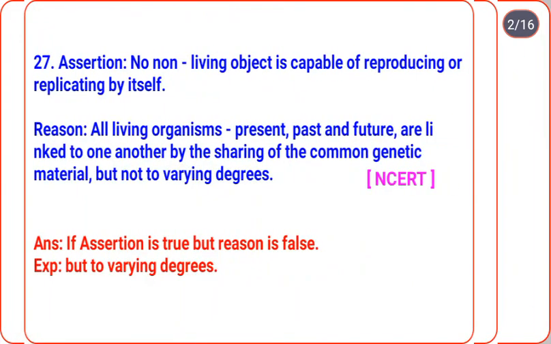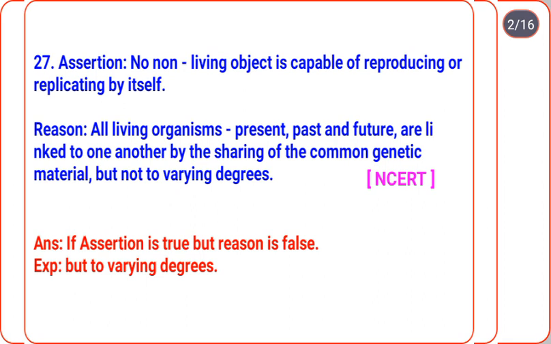Next question. Question number 27, assertion and reason-based question. Assertion: no non-living object is capable of reproducing or replicating by itself. Non-living is the opposite of living, so it is not capable of reproducing or replicating by itself. Obviously correct.